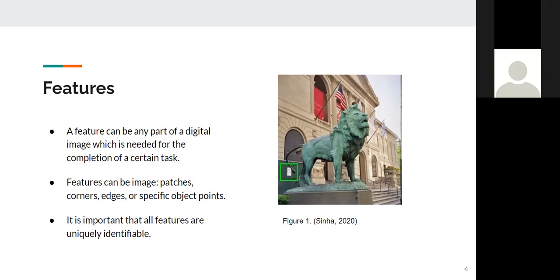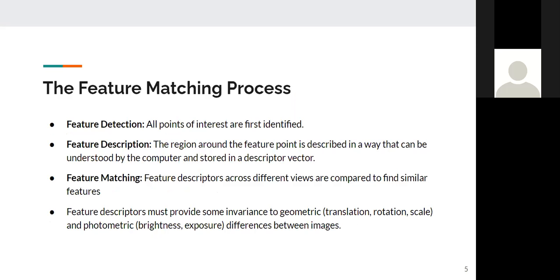However, if we were to use the brick background of the building as a feature, that would not be uniquely identifiable because there are multiple patches of brick. And edges wouldn't work either because anywhere along an edge is defined as an edge, but corners would work because there will only be one corner in one specific location.